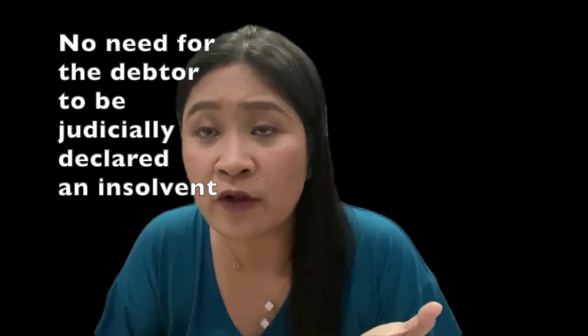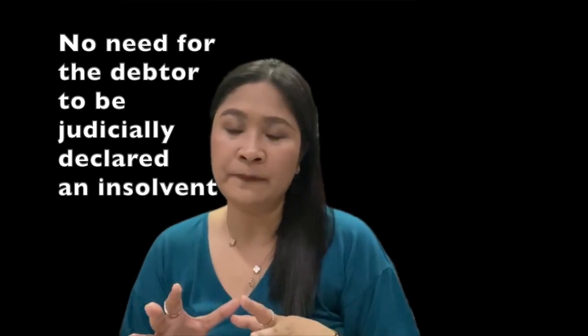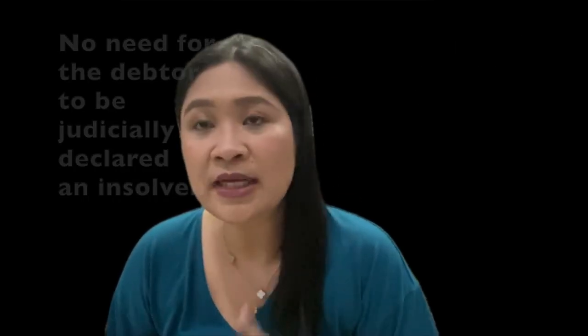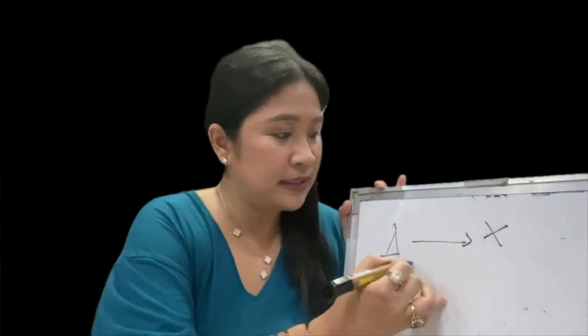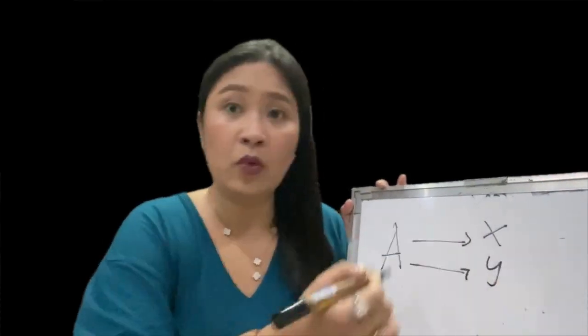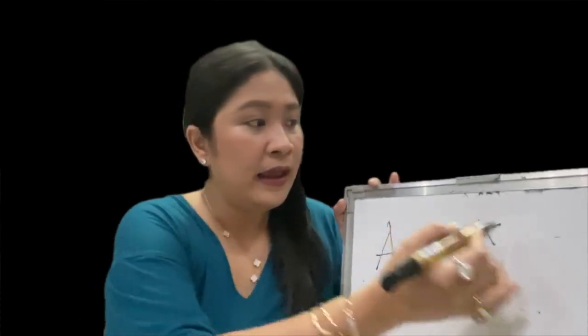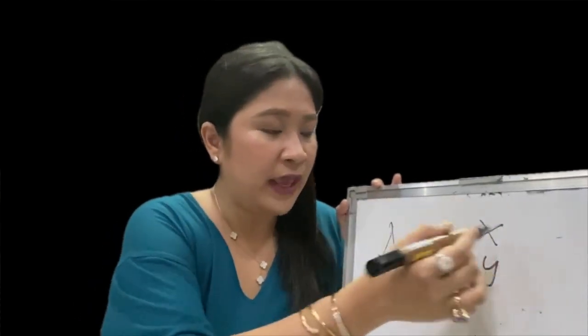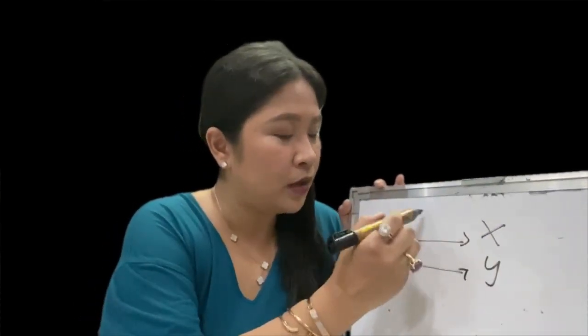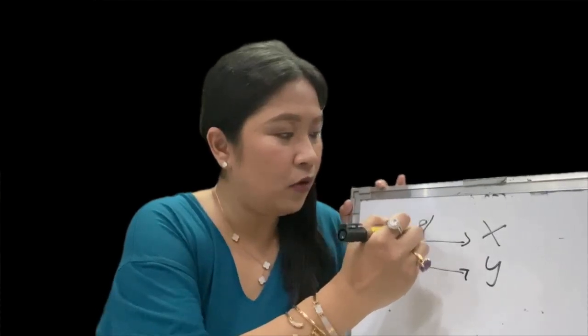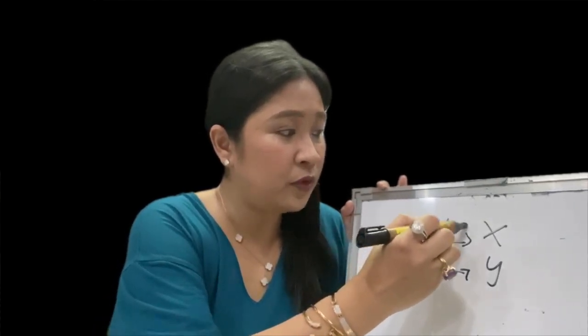Now, is it needed that he be judicially declared an insolvent? No, the law does not require that. And second, the debt was not yet due and demandable. Okay? So, for example, A is the debtor. A owes X and A also owes Y. Okay? The debt of A to X is due on August 12, 2020.